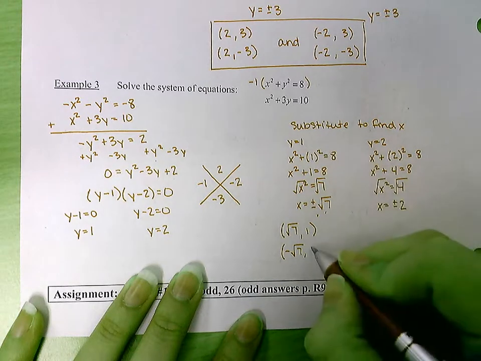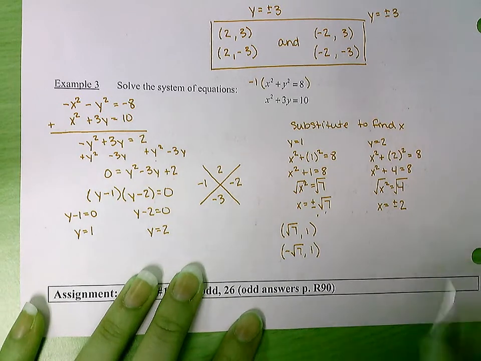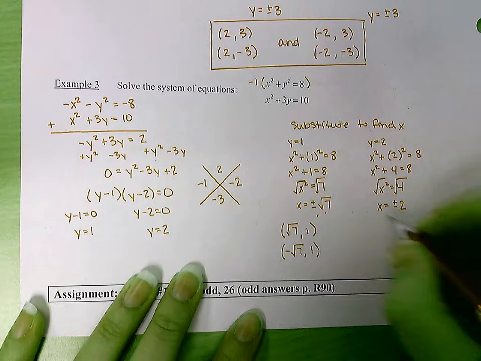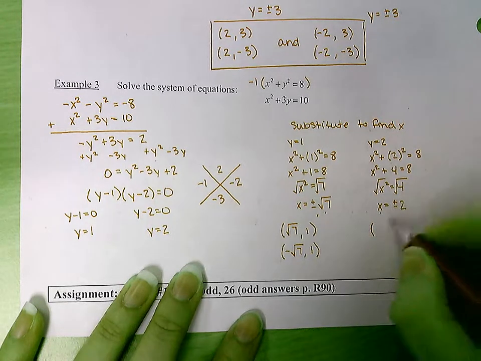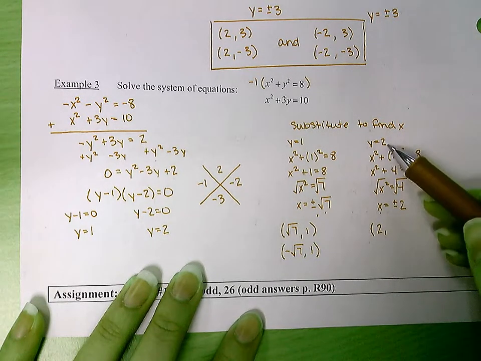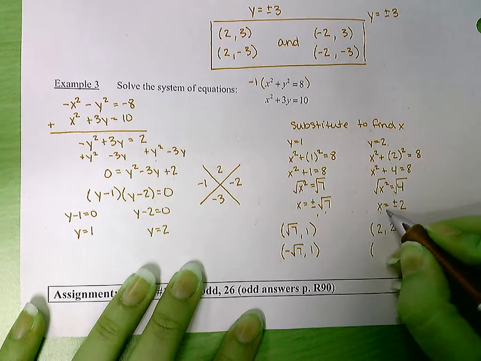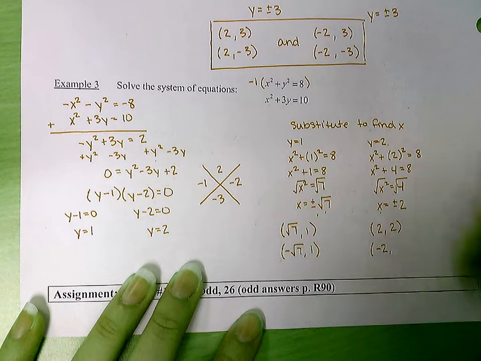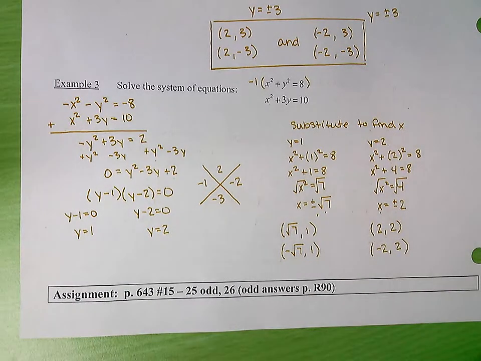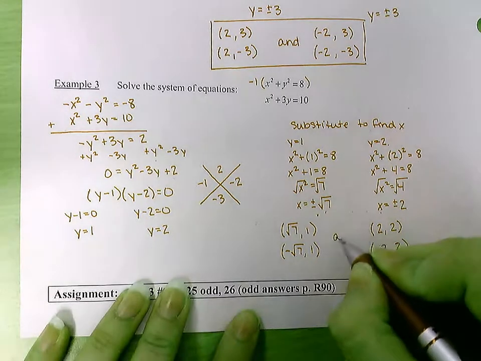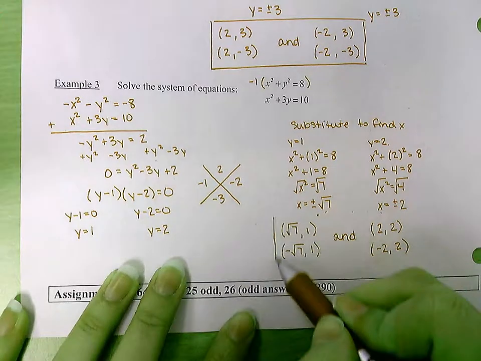My y value is also 1. Same thing over here. When my x value is positive 2, my y value is 2. And when my x value is equal to negative 2, my y value is 2. Again, this one has those 4 solutions then.